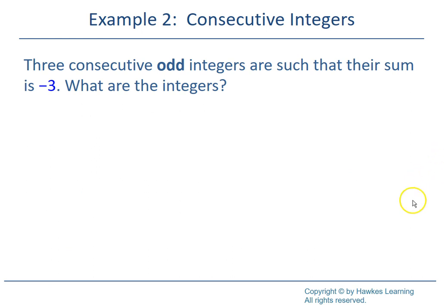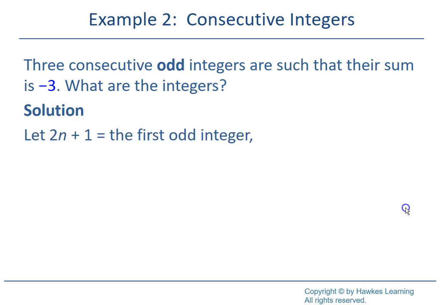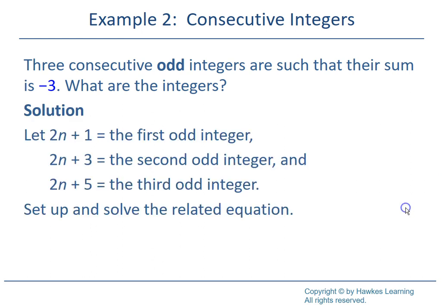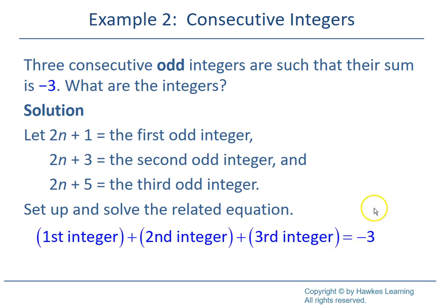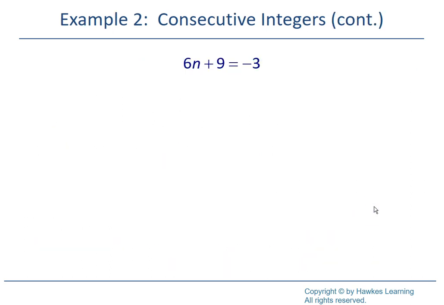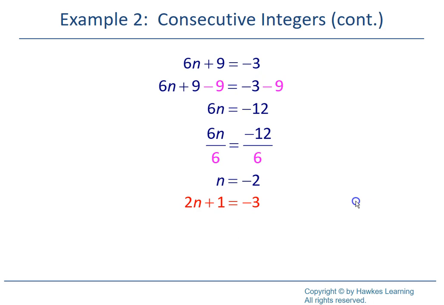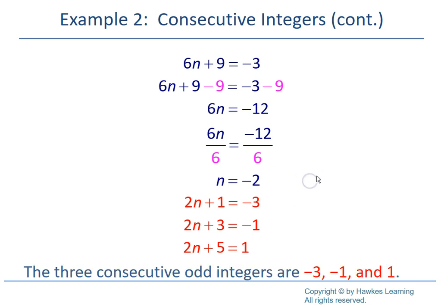So let's check it out here. Oh, I don't like the way they did that. I'll keep my way. And we get the same answer. I don't know why they went that way here. All right.